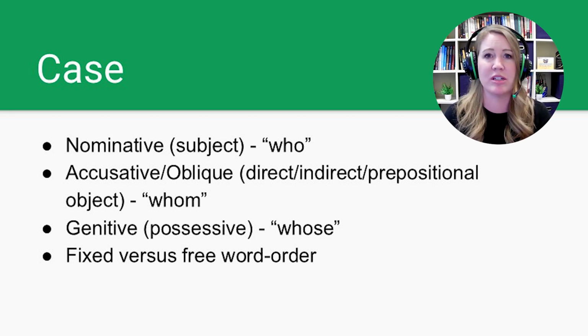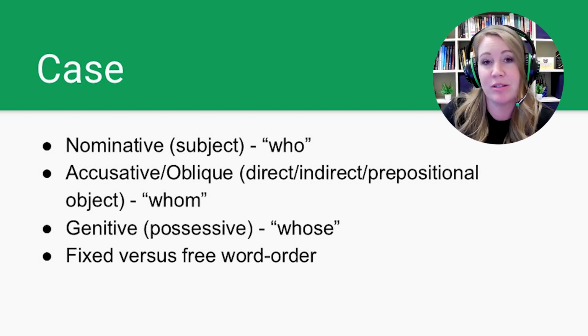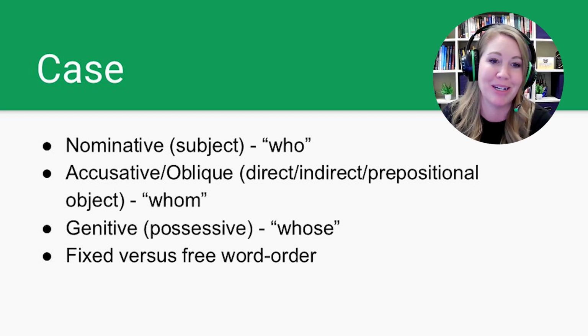In English, this is mostly shown by word position and pronoun substitution, whereas in languages with rich case systems, it's the endings or morphological markers that tell you the role of the noun. Those languages allow for much more freedom in how words are arranged.